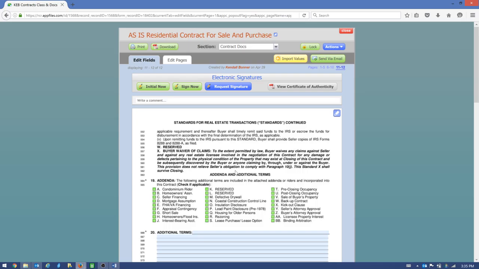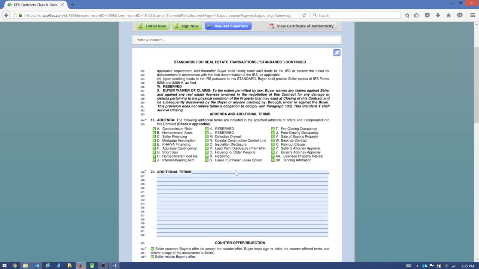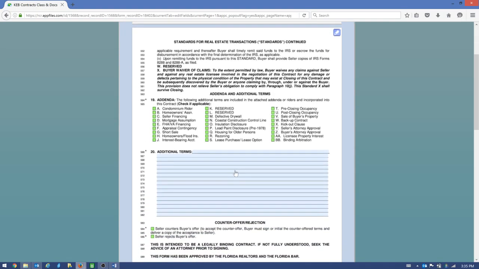The buyer has waived their right to sue the seller regarding defects pertaining to the physical condition of the property that exists at the time of closing. That's an interesting paragraph. I don't know why that paragraph's in there per se. I really don't, but it's in there. And if I learn anything new about why it's in there, I'll definitely write that in the notes above this contract.